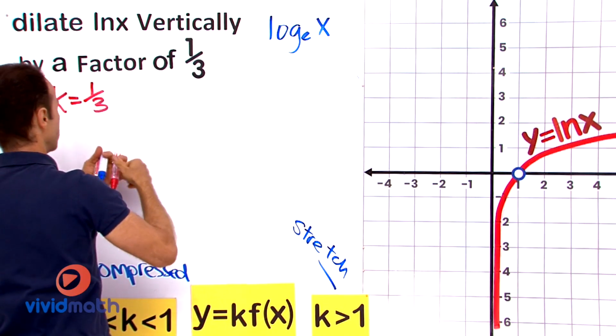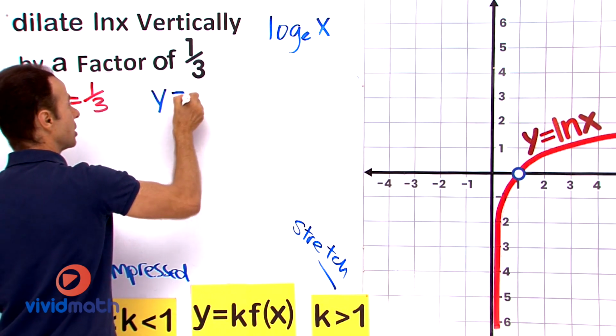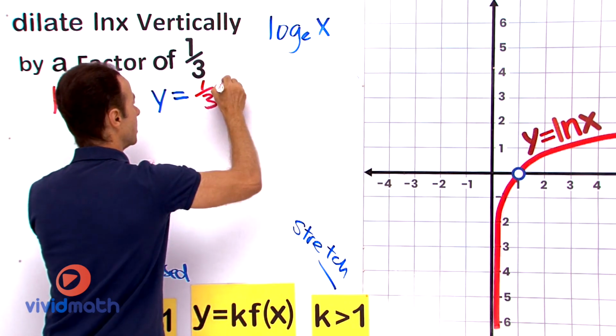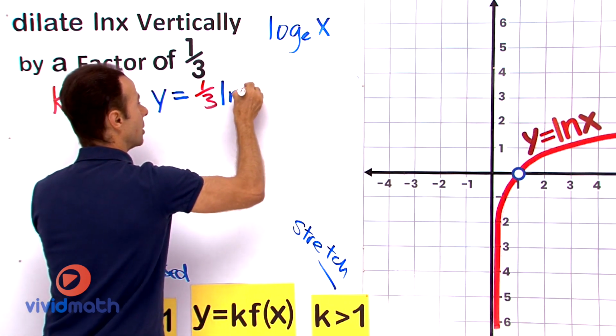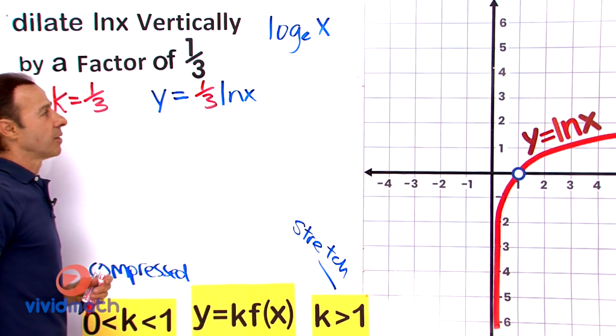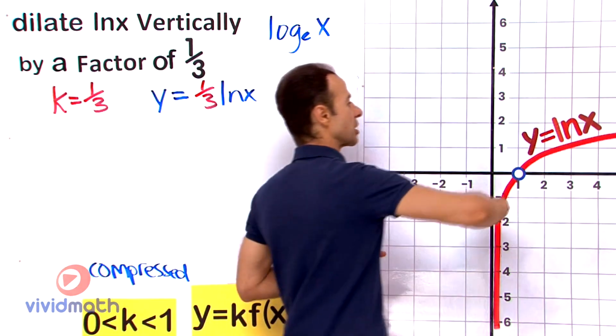So if we put it together, the function is y equals 1/3 ln x. The 1/3 just goes in front, just like the k in front of the function.